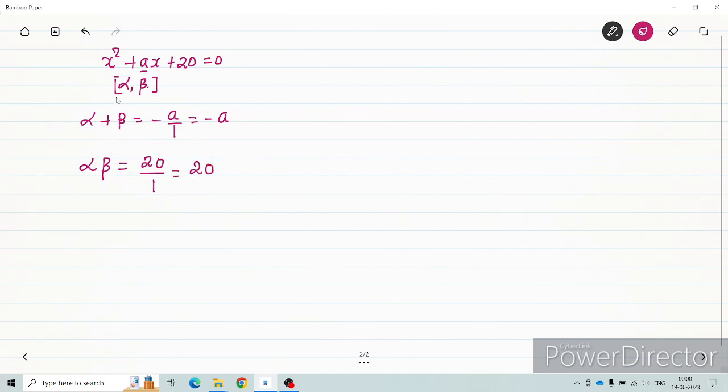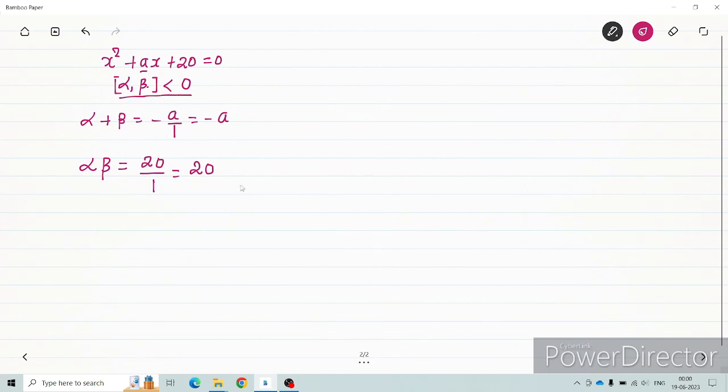Right. So what we have done is, this is the quadratic equation given. We have assumed that alpha and beta are the two roots. Then we can write alpha + beta = -a, and alpha × beta = 20. And remember that alpha and beta are both negative, both less than 0.